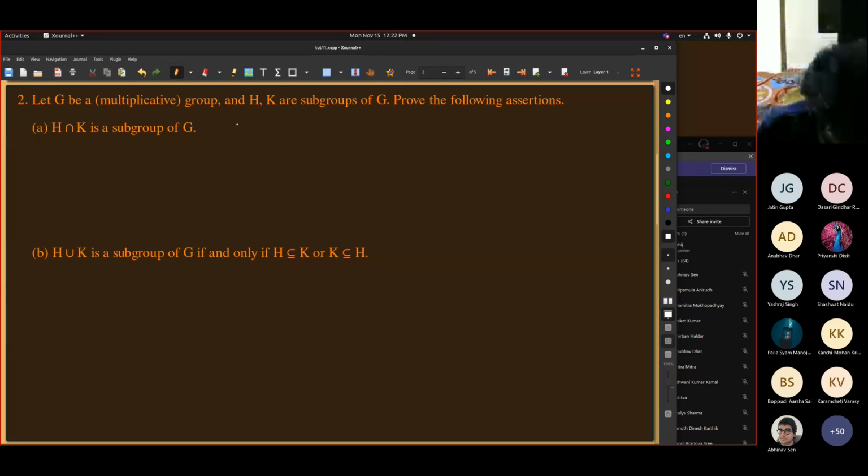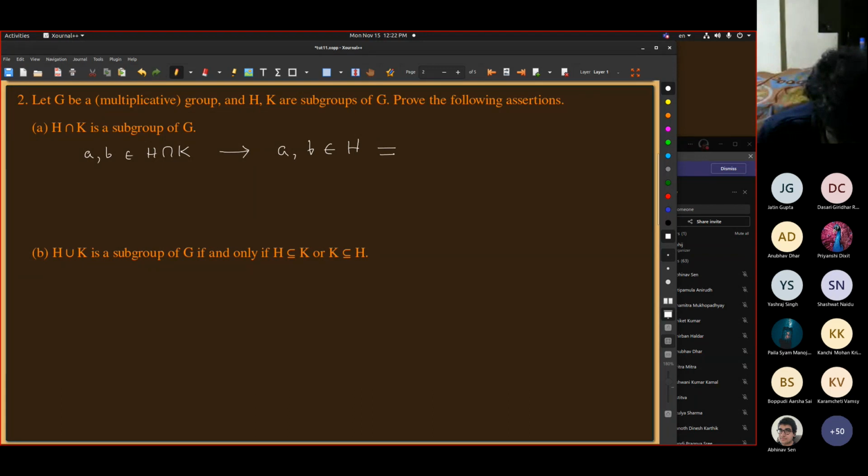Okay, so it suffices to check if A and B are in H intersection K, then I have to show that A times B inverse is also in this. Then how shall I proceed? This implies A and B are in H because it's in their intersection.